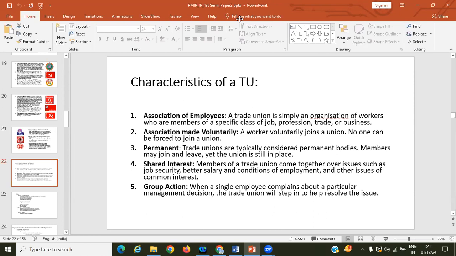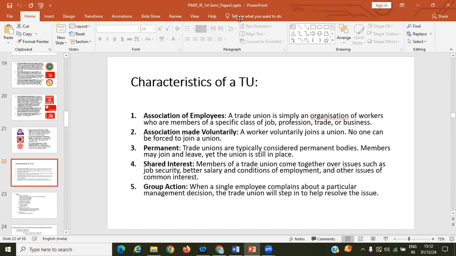The union will still be there. Suppose you have a company, and the directors or owners of a public company die. That doesn't mean the company is gone. The company is still there, continuing. Similarly, trade unions are permanent in nature.